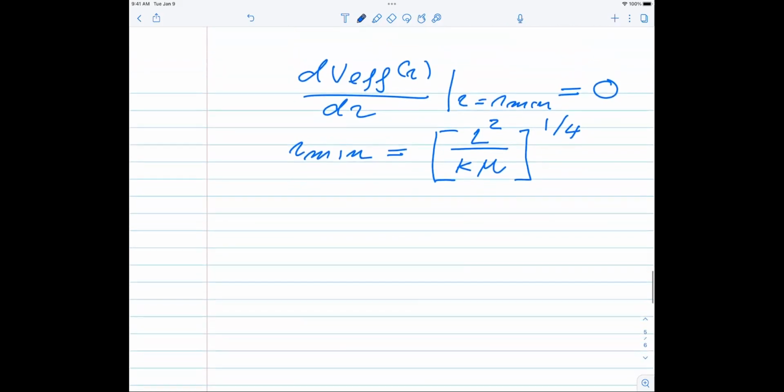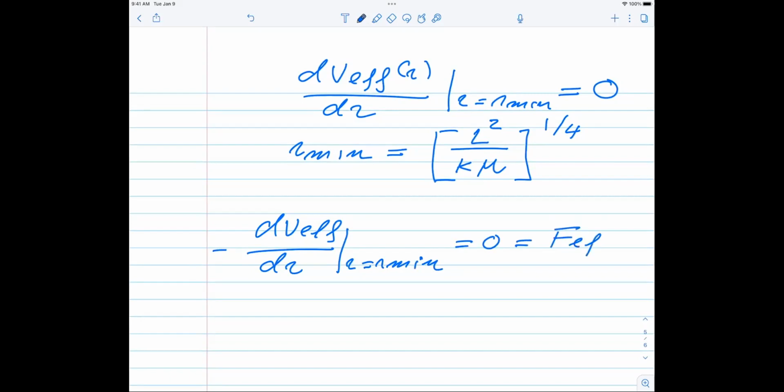So let me bring back the equations. So we know that this effective force, dV effective, which we now put equal to 0 at r equal to r min. And if I put a minus here, it doesn't matter because it's 0. This is the same as the effective force. And this effective force is nothing but mu times a_r, which is the radial acceleration.